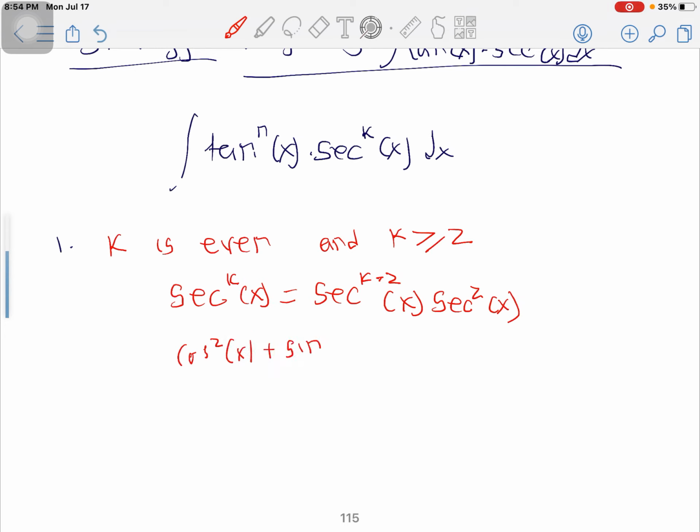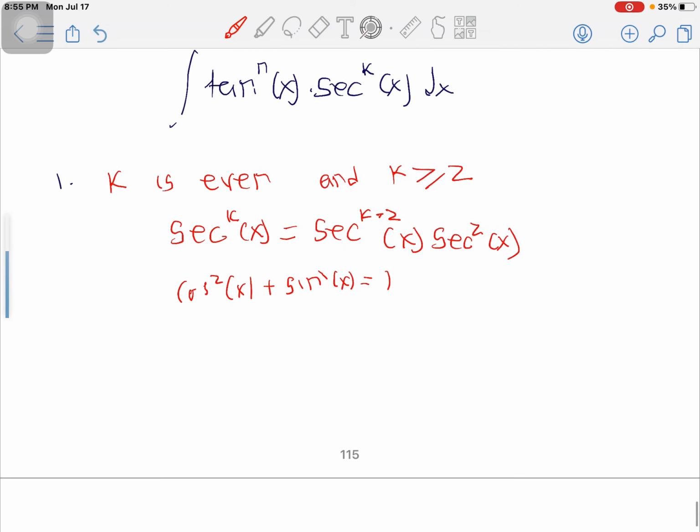Remember that for the sine and cosine functions, we had cos square of x plus sine square of x equal to 1, and you reduce it in such a way that we get sine to the power k minus 1 multiplied by sine of x.